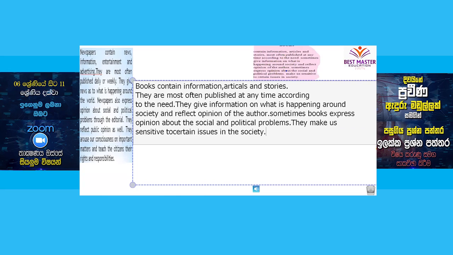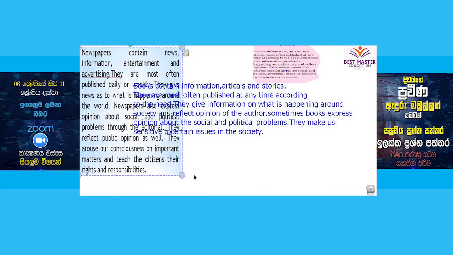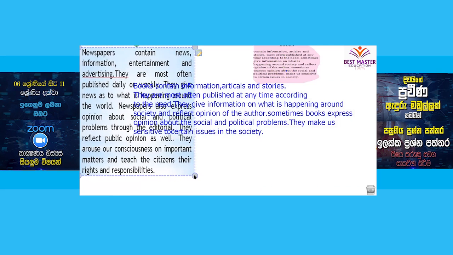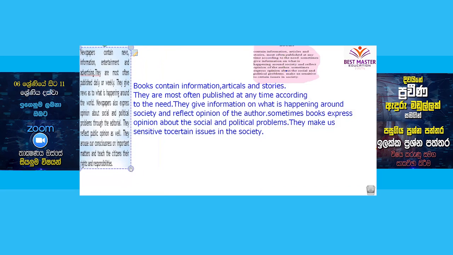This is the short paragraph, a small paragraph. Look at here. Newspapers contain news, information, entertainment, and advertising. They are most often published daily or weekly. Books contain information, articles, and stories.